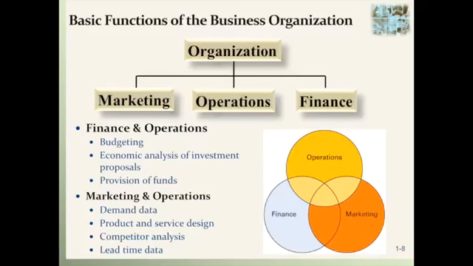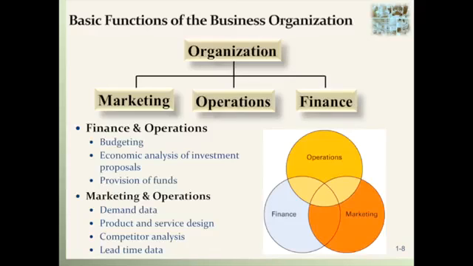So here are some basic functions of a business organization. There are three basic functions: marketing, operations, finance. Our focus is on operations, but there are interactions between operations and finance.